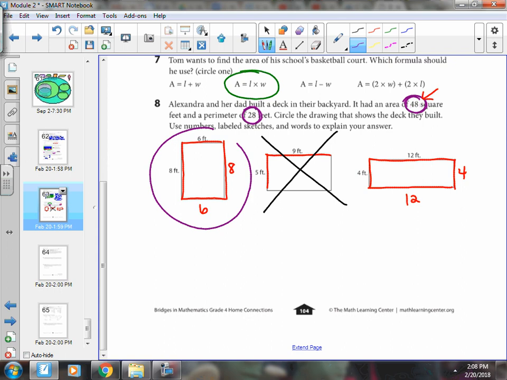So let's read the question again. It says, circle the drawing and then explain your answer. So my explanation might simply be this, that the area is 48 square feet and the perimeter is 28 feet.